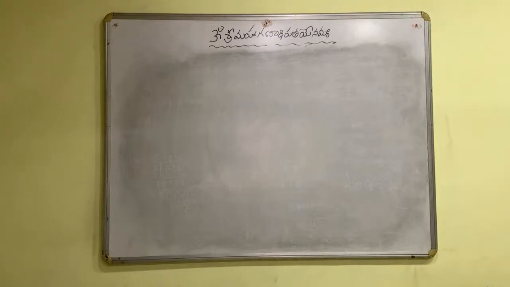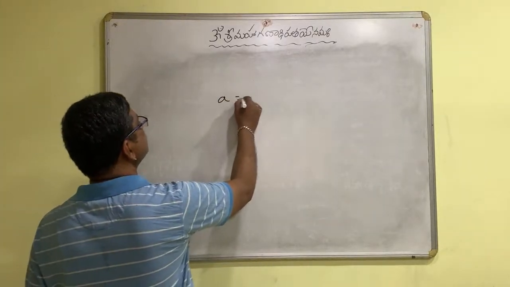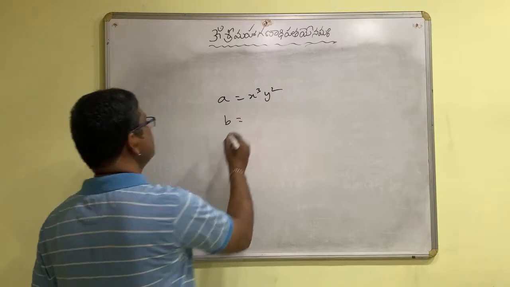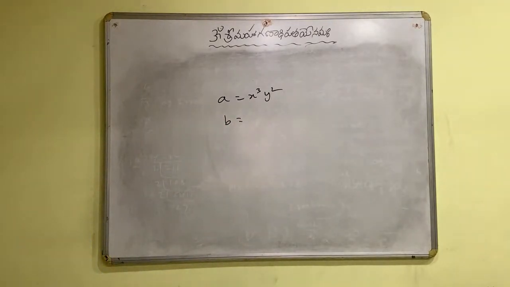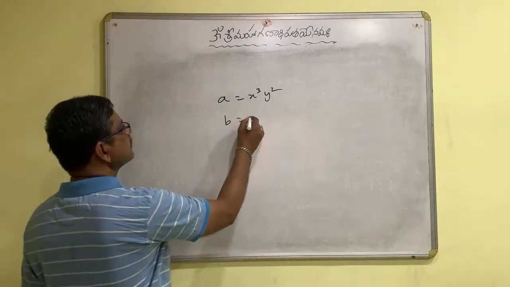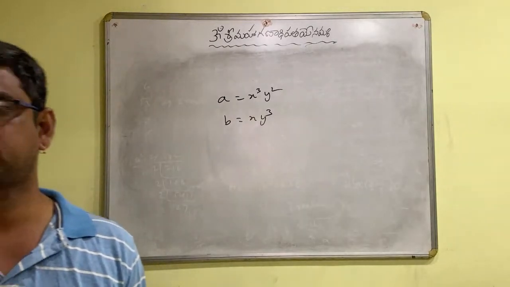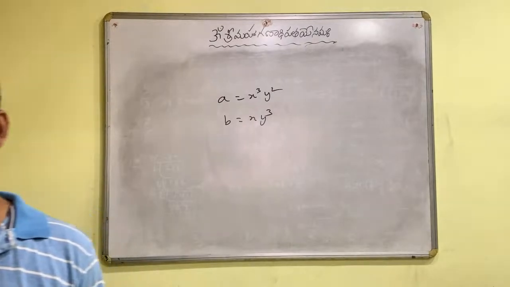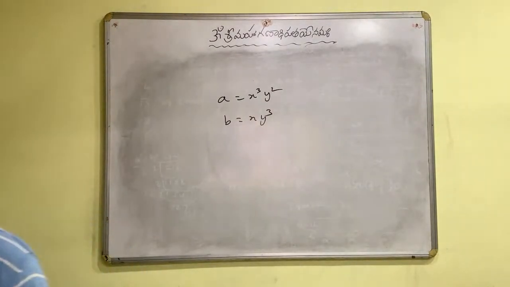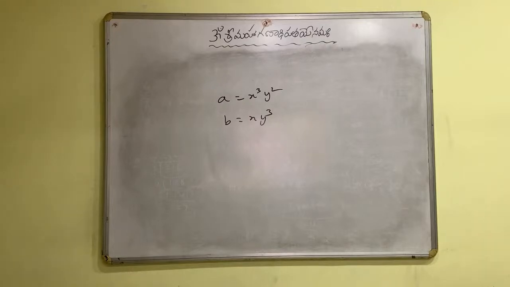Next, two positive integers A and B can be written as A is equal to x cube y square and B is equal to x y cube, where x and y are prime numbers.